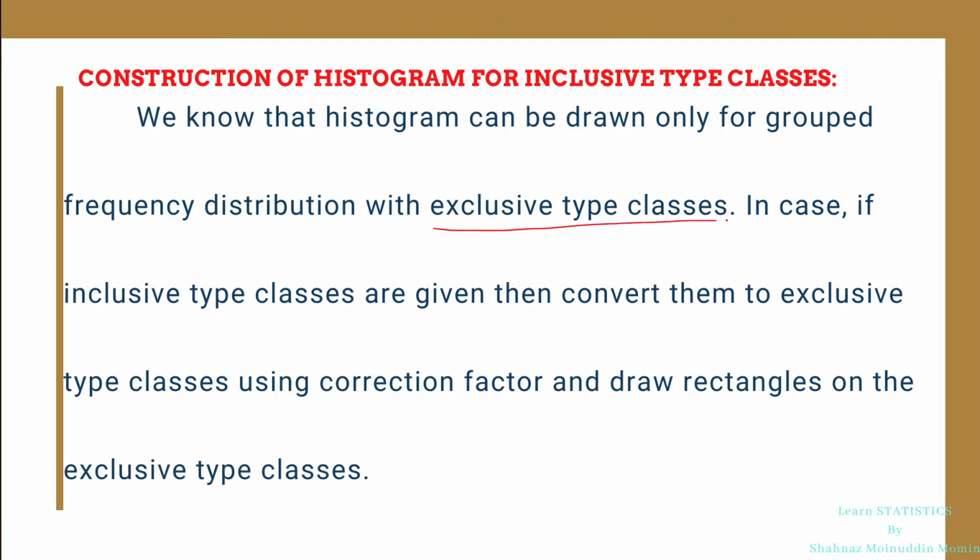If the upper limit of the class is excluded from that respective class, then it is known as exclusive type classes. In case of inclusive type classes, first we have to convert them into exclusive type classes using the correction factor, and then draw the rectangles on the exclusive type classes, which results in the histogram.